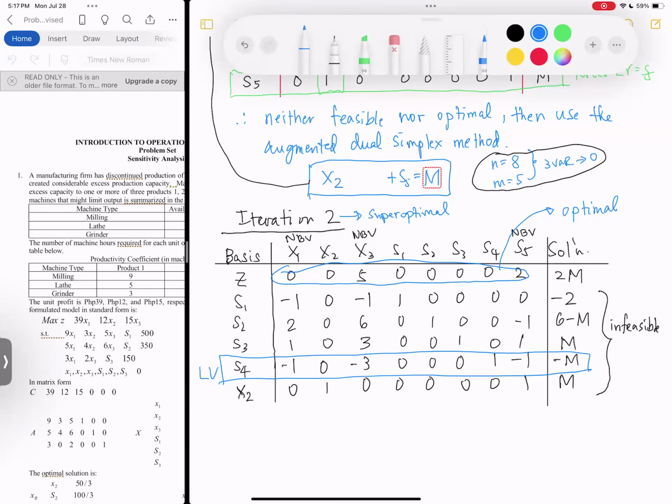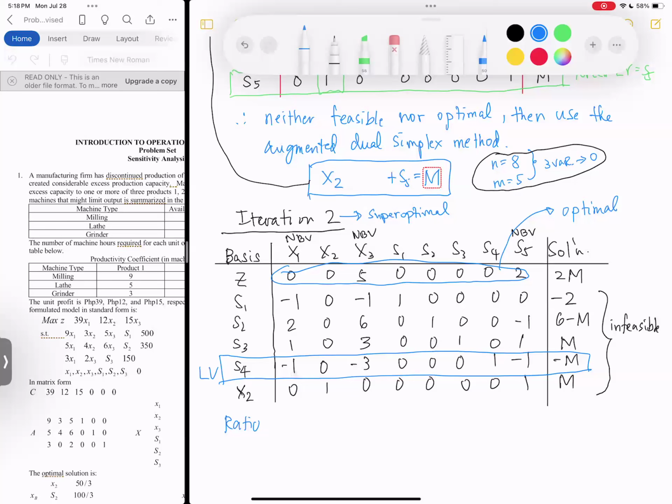Next, for your entering variable, you look at the non-basic variables and you get the ratio. First, 0 divided by -1. What is the ratio? Non-basic to eh. So 0 divided by -1. What's the ratio? 0.